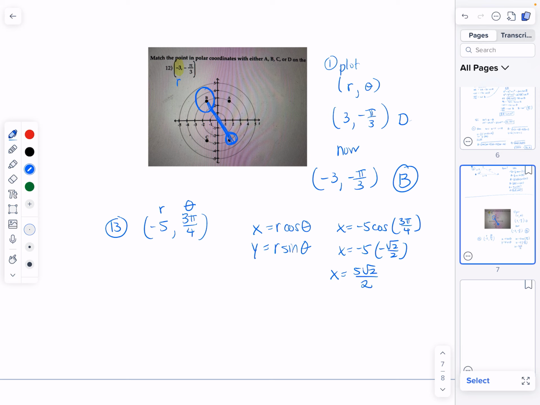Okay, let's do y. So y equals r sine theta, so negative 5 times sine of 3 pi over 4. Sine at 3 pi over 4 is positive, so this is negative 5 times radical 2 over 2. So this is negative 5 radical 2 over 2 for my y value.